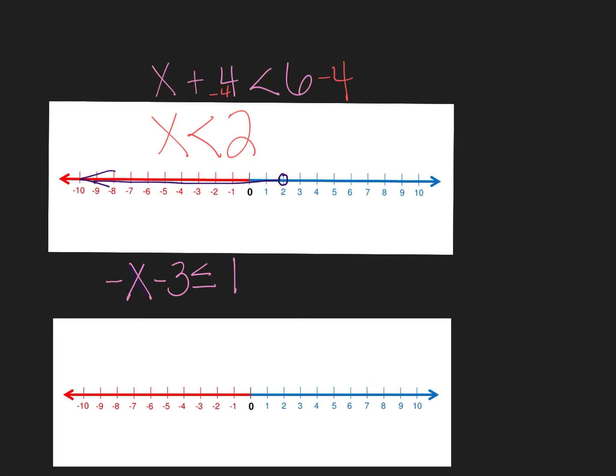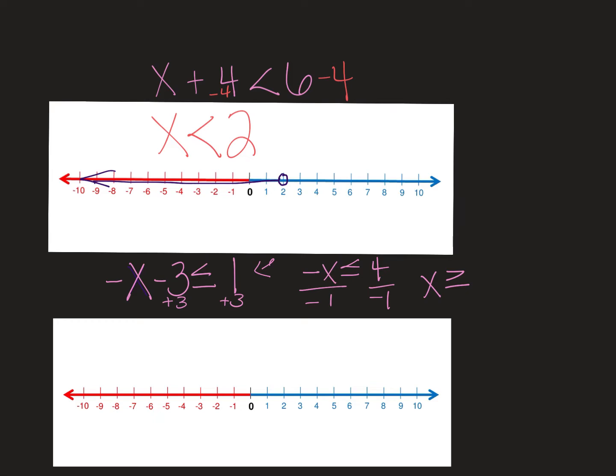All right, in this case, we're going to have a negative x minus 3 is less than or equal to 1. So I'm going to add 3 to both sides, which gives me negative x is less than or equal to 4. Going to divide both sides by negative 1. I'm going to do what to my sign, guys? Flip it.